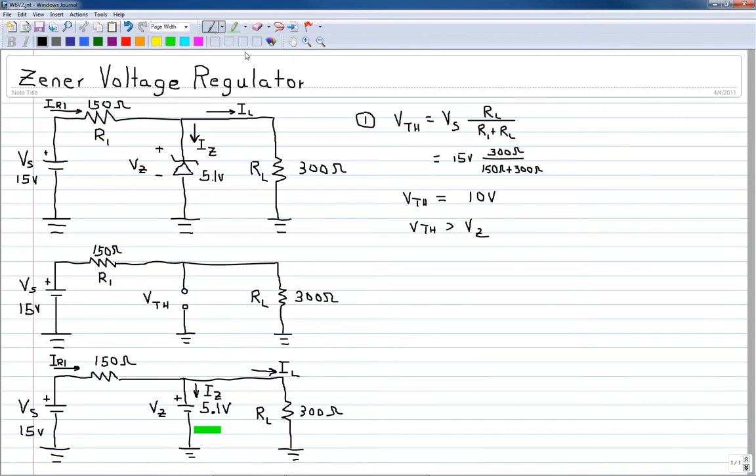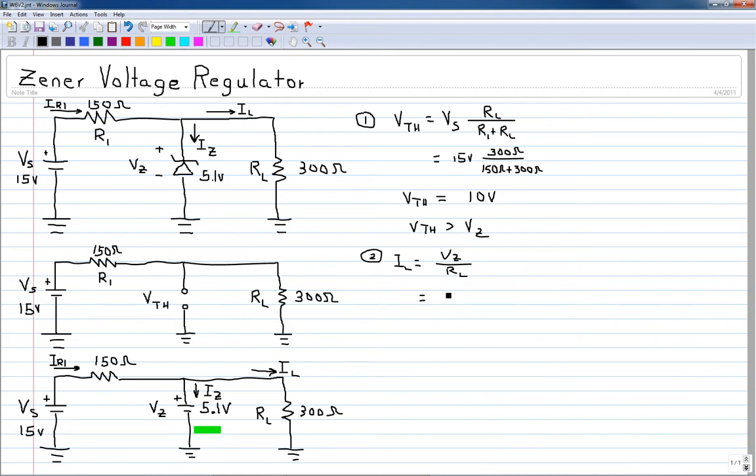The first thing we need to do is determine the load current. So step number 2, I sub L is equal to V sub Z divided by R sub L, since these two are in parallel.